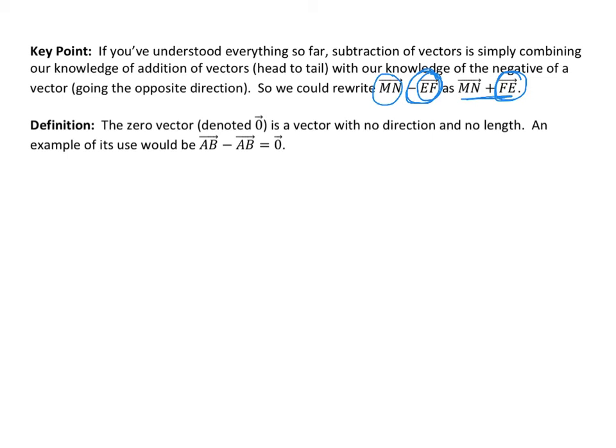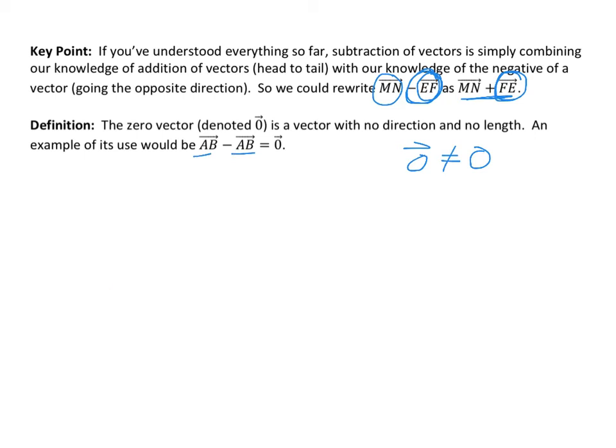I do want to throw in one quick definition here, and that definition is that there's a thing called the zero vector, right? And the 0 vector is not the same thing as the number 0. The number 0 means the number 0, and the 0 vector means a vector, not a number, a vector that has no direction and no length. An example of its use would be if you had the AB vector and then subtracted the AB vector off of it.